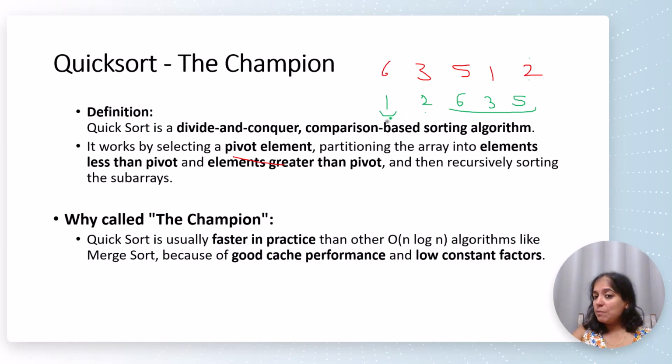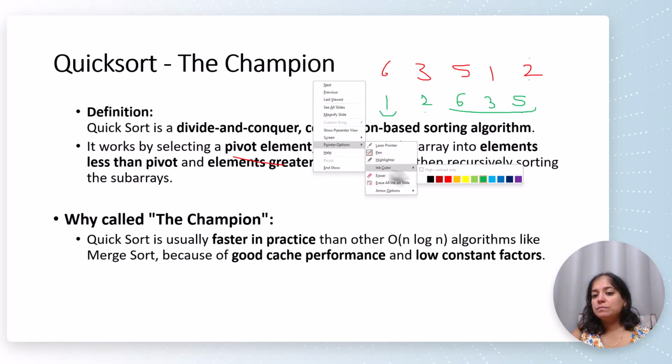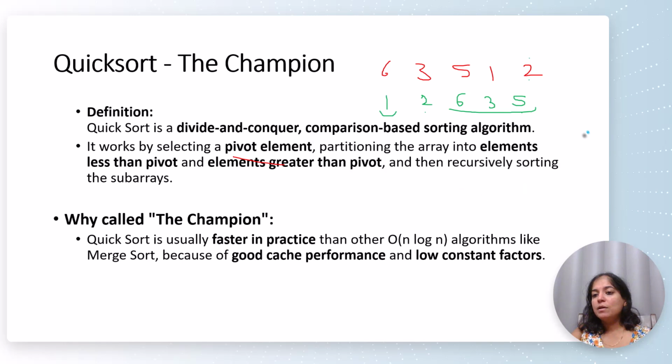If we perform the same operation for the left subarray, 1 is a single element, which means it is already sorted. Now let's go towards the right subarray. Again we need to choose a pivot element. Let's say we again take the last element as the pivot, so 5 is our pivot element. 1 and 2 are already sorted.